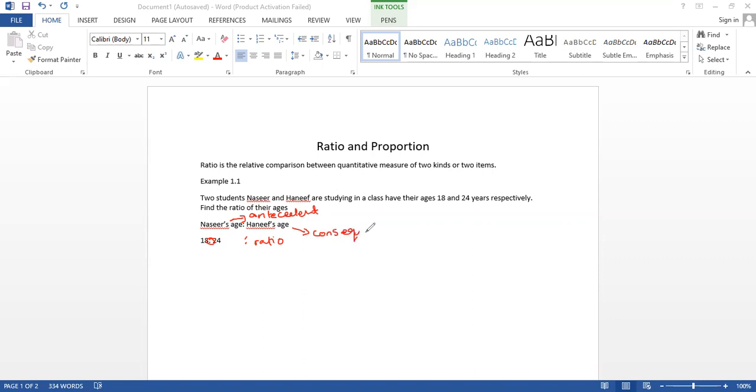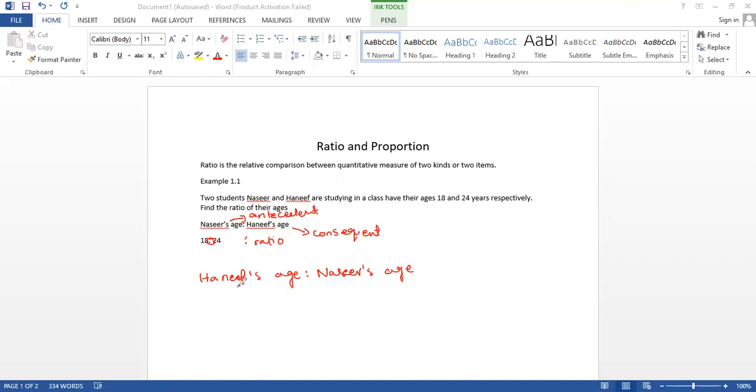Now, it is also possible that the question might ask you to flip this consequent and antecedent. So you might have to calculate the ratio of Hanif's age to Nasir's age. The question is going to specify which one they want you to calculate.